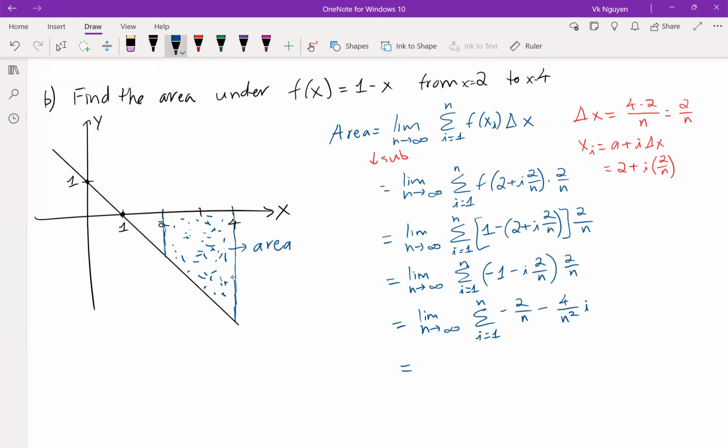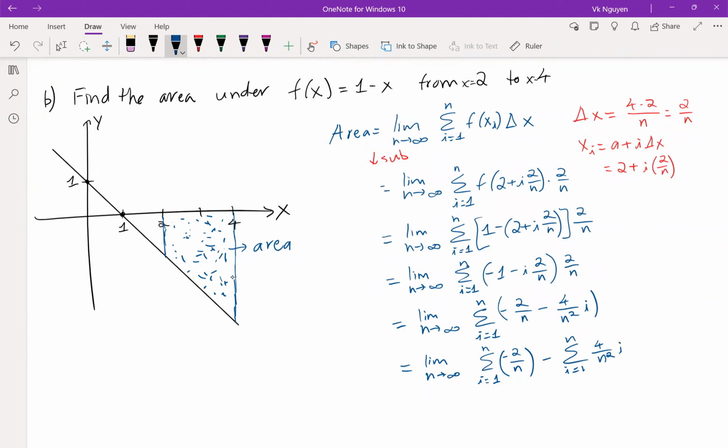Next, I'm going to split out the summation here because we have two of them. We have a limit n goes to infinity, sum i equals 1 to n of minus 2 over n, minus sum i equals 1 to n of 4 over n squared times i.